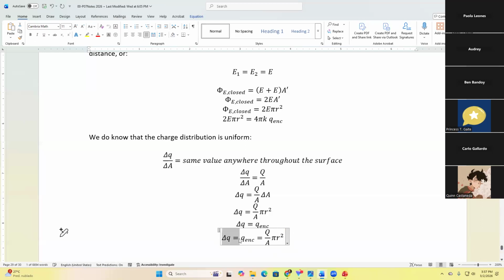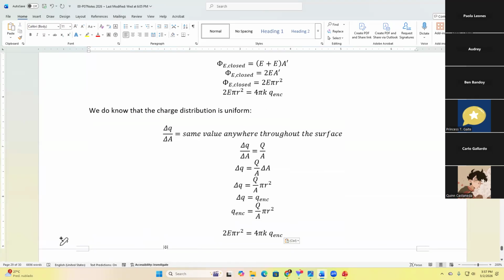I can erase that from here. We're almost done. Very soon we're going to go for our break. Here you go, using the previous result for the electric field. Okay, here is Gauss's law. Here we are calculating the amount of charge that is enclosed by the surface, right?